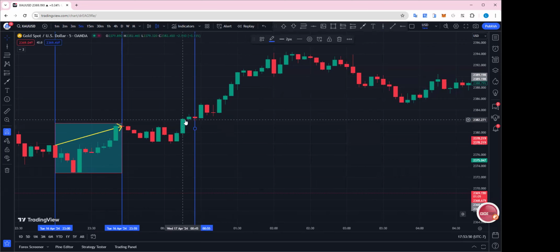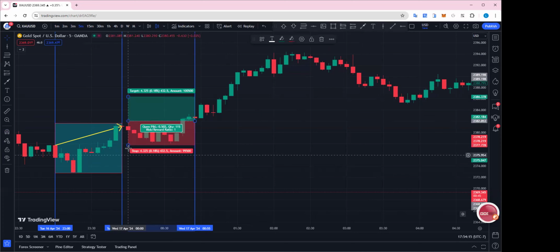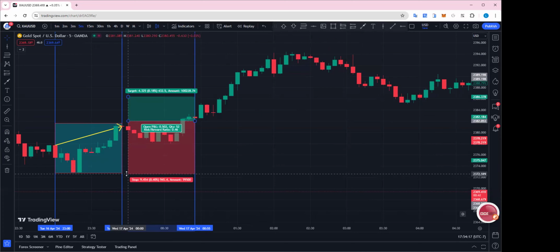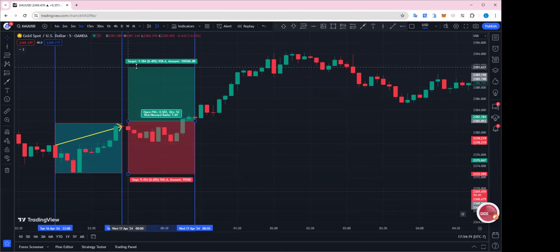So it means it got activated on this candle, but if the trade was not initiated before the close of this candle, then I delete it. Okay, in this case, it was activated. So again, I give it a little space for the spread, and then stop loss, and then let's see 1-to-1, and actually 1-to-1 is right there.